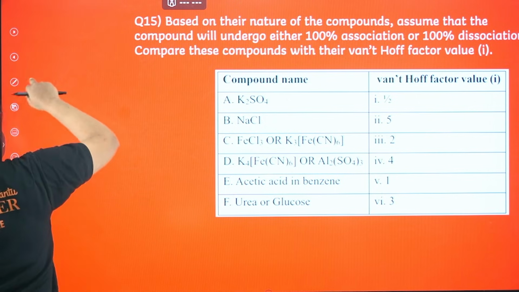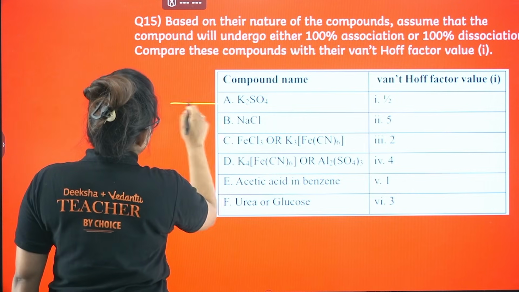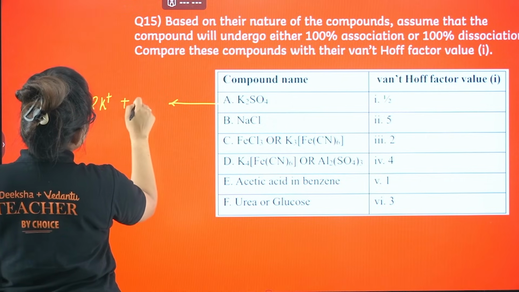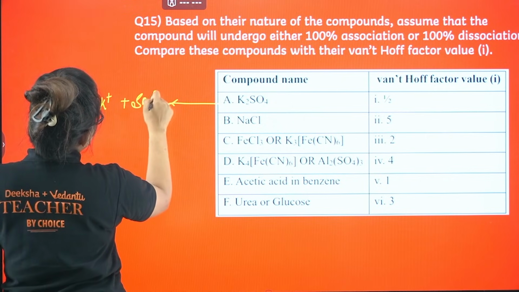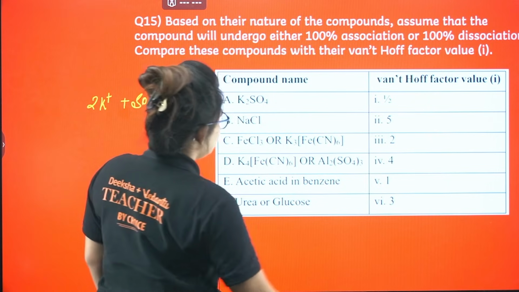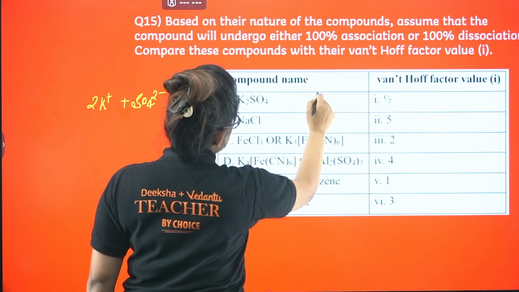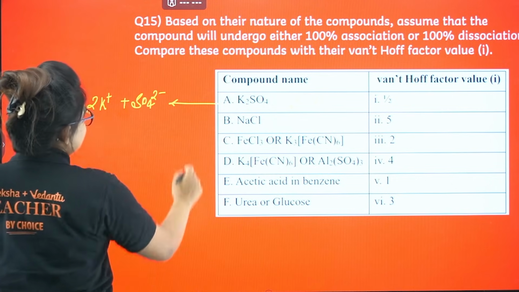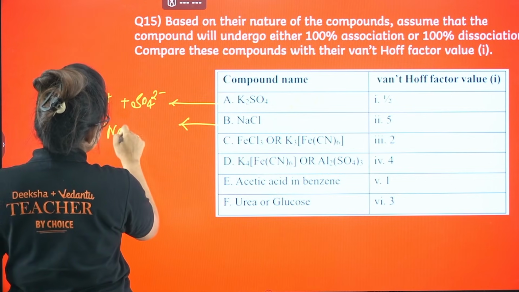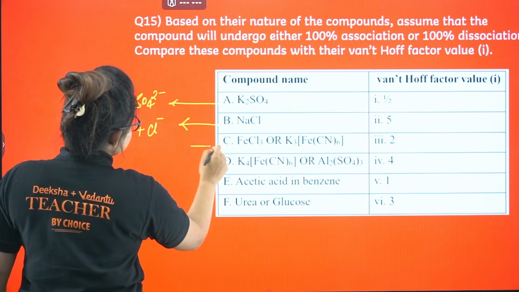What we have to do here is just break them into ions. So for K2SO4: 2K plus and SO4 2 minus. How many ions? Count: 2 plus 1, total 3. For NaCl, if you break it down, that's Na plus and Cl minus, so 2.